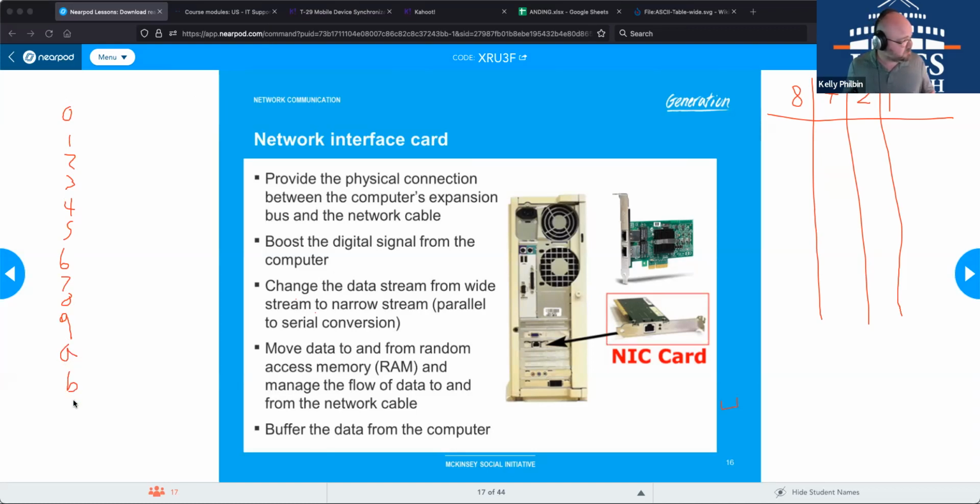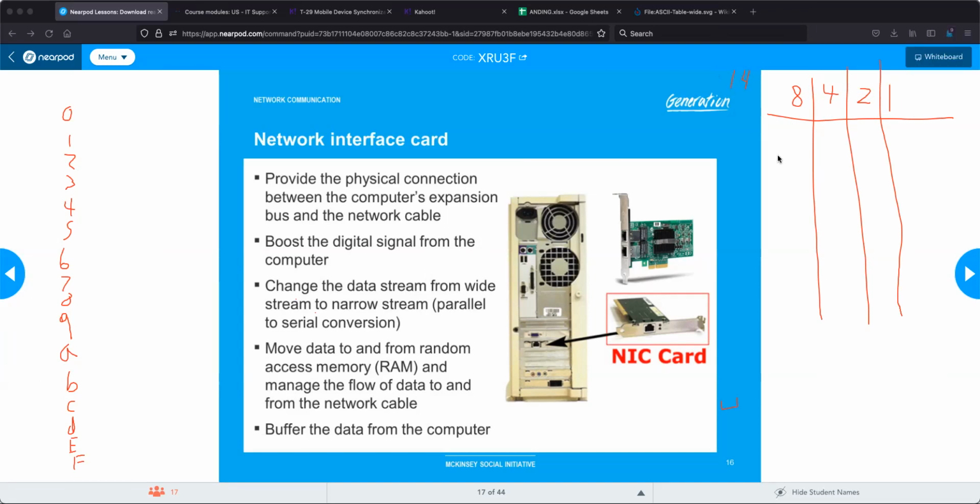B, C, D, E, and F. So that gets us 0 to 15. So we're going to find 14, right? Which was E, which Gali called. So how would we get to 14? So we have 14.